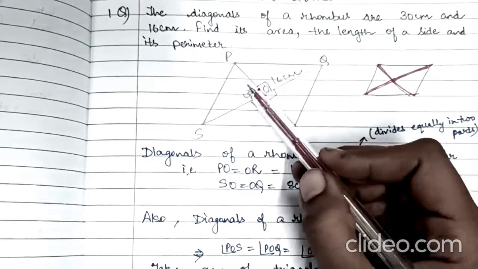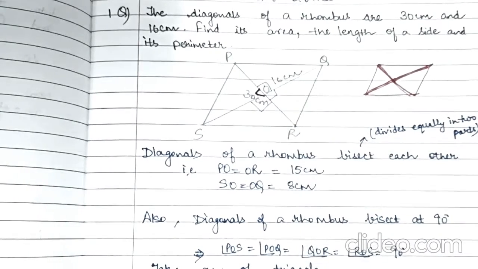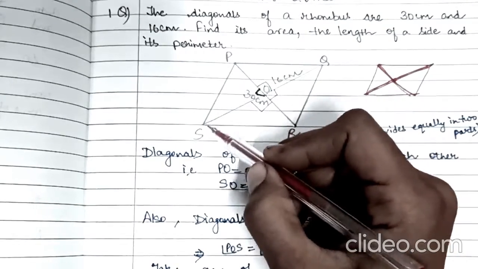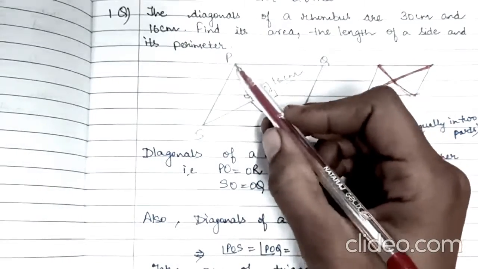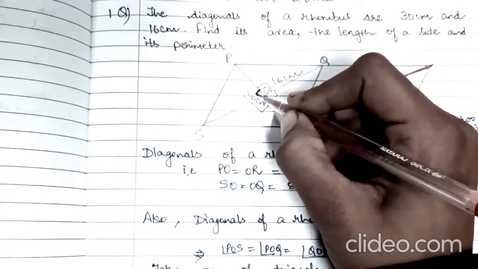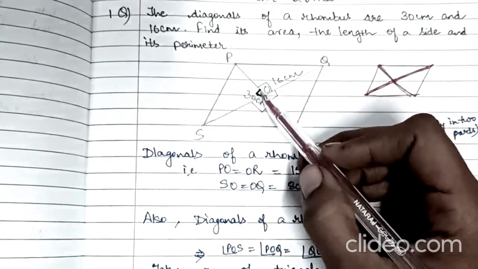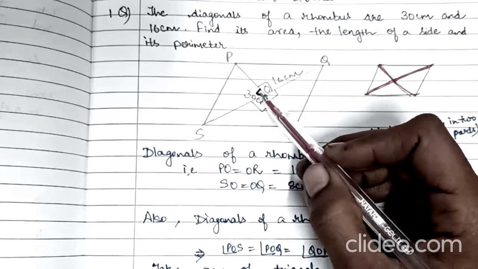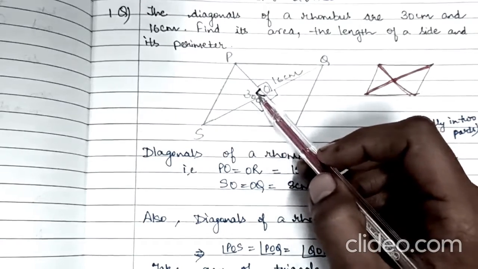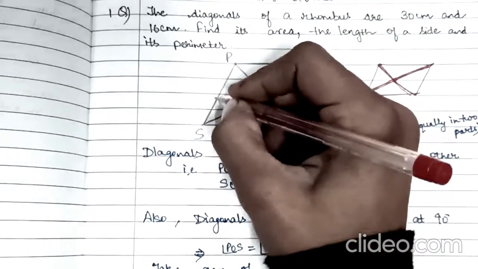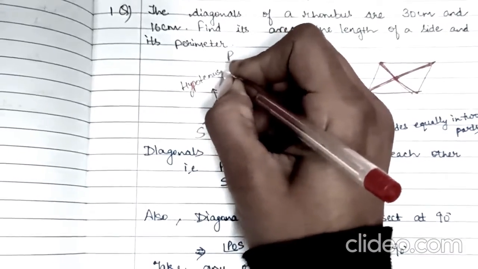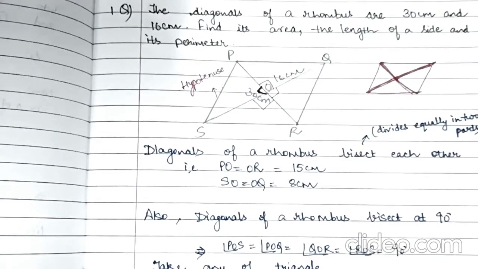Now, you start with any of the triangles. Suppose I am starting with triangle POS. Now, in triangle POS, there is a 90 degree angle. And we also know, you have already done this, that the side opposite to the 90 degree angle is called the hypotenuse.